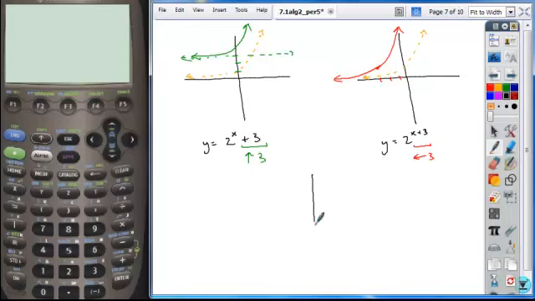Right, finally, the last transformation to take a look at is going to be a negative. Okay, so if we look at something like this, where we have some negative multiplier out front, so -2 times 3 to the power of x. Here, this negative is going to take our parent function, and it's going to reflect it vertically across the asymptote.